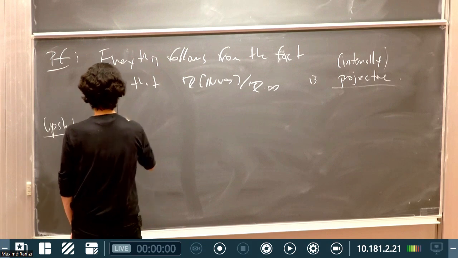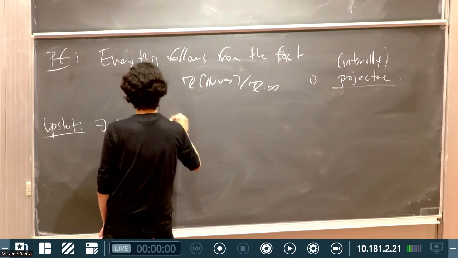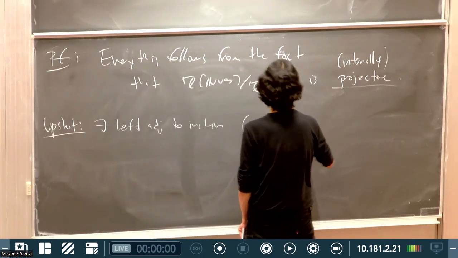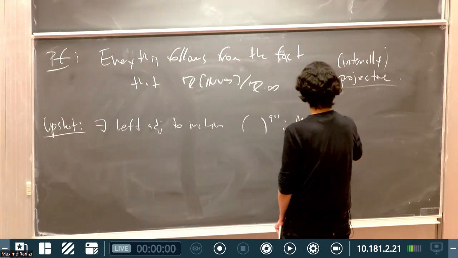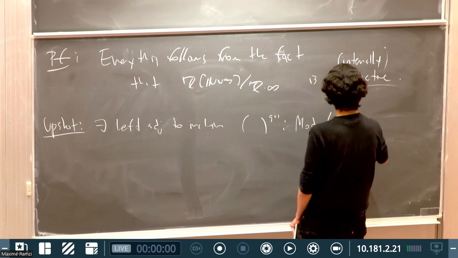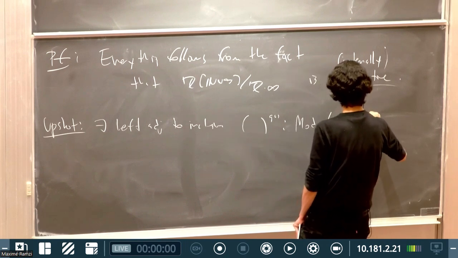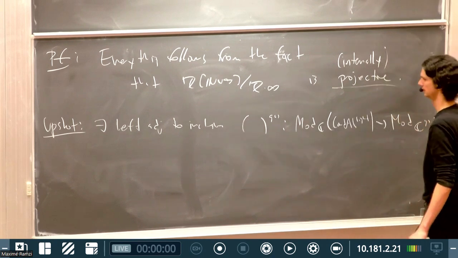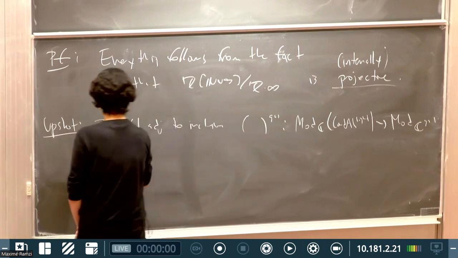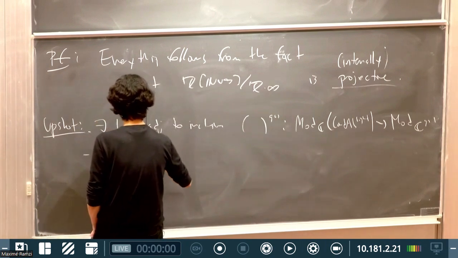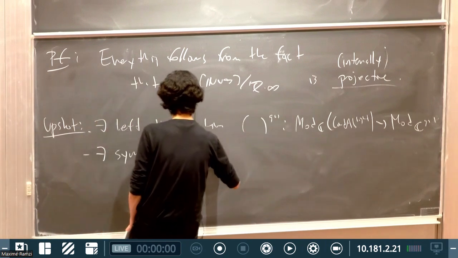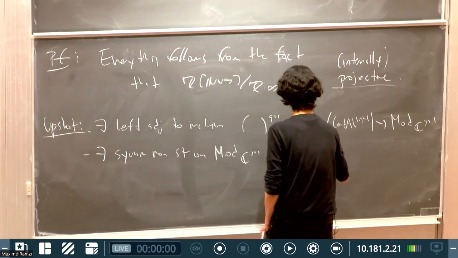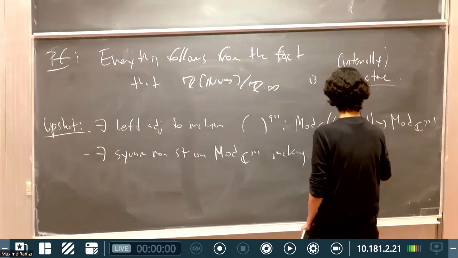So there's a left adjoint to the inclusion, called the gaseousification, from Mod C con to Ab light to Mod C gas, and there exists a symmetric monoidal structure on Mod C gas, making this functor symmetric monoidal.